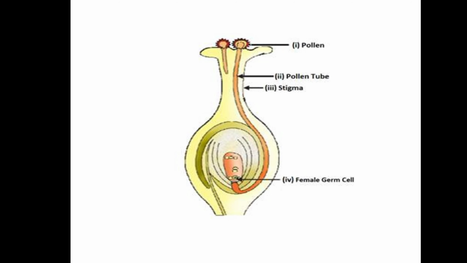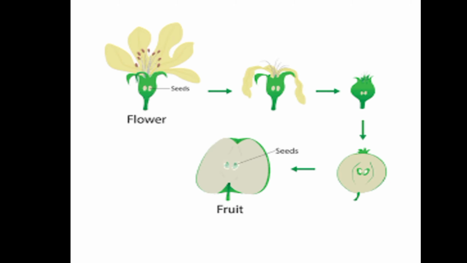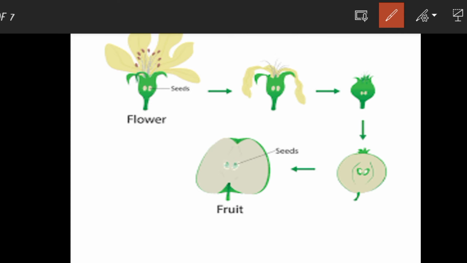Students, till now we have learned that the pollen grain which touches the stigma reaches the ovary and later fuses with the egg and forms a zygote, which later develops into a seed. So we discussed the same point here. A seed will be formed inside the ovary, later it develops a coat-like structure outside.